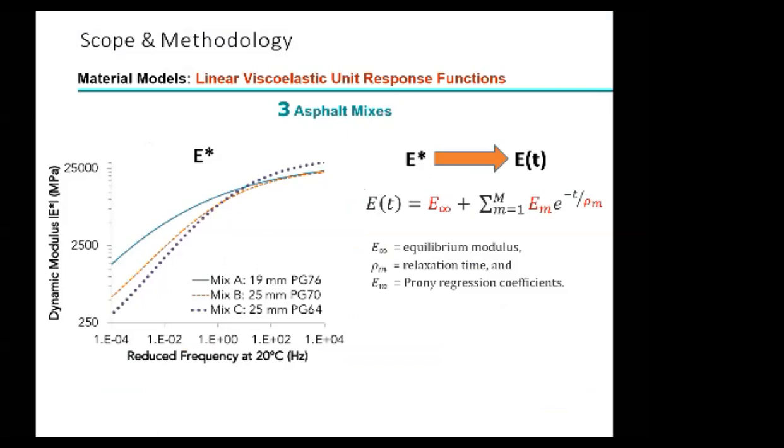viscoelastic unit response functions. Let's easily do the simple performance test, or the dynamic modulus. So here in front of you, we have three mixes, A, B, C. Mix A, polymer modified mix for the surface layer. And mix B and mix C were mixes that were used for intermediate layers in runway pavements in hot areas. So those are actual mixes.